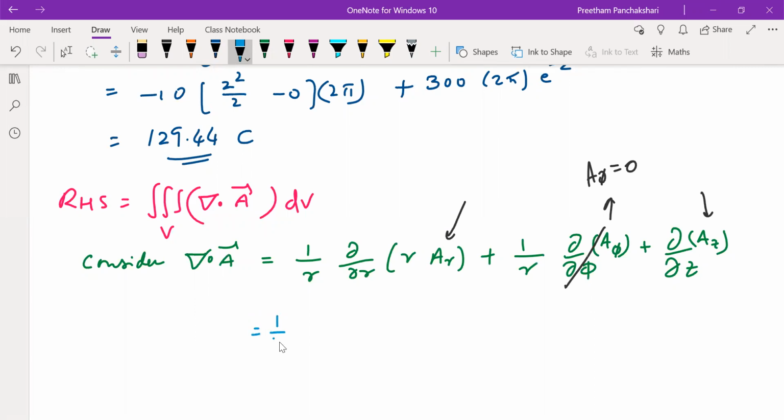So therefore 1 by r, dou by dou r of r into A r. A r is 30 e power minus r as per the problem. And second term is 0. Differentiation with respect to z is minus 2z.